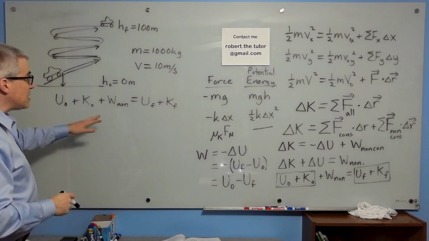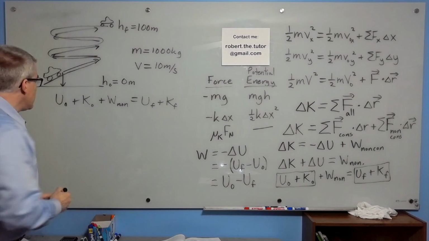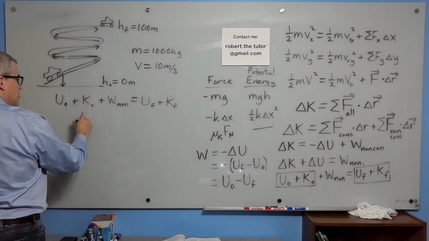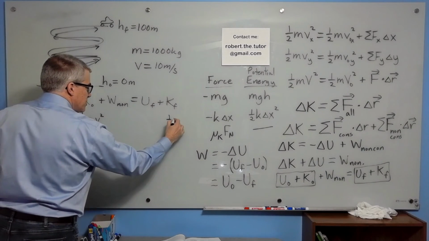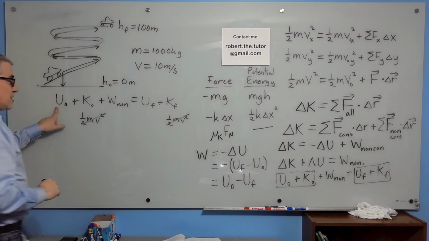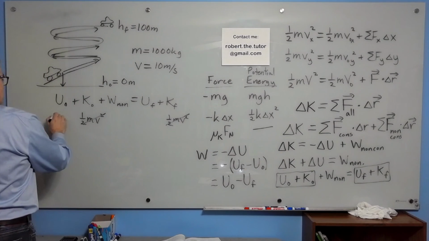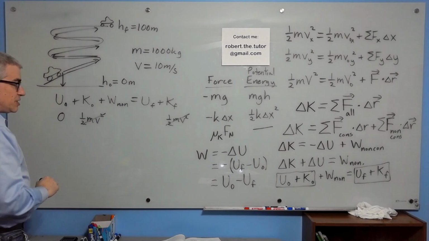If I hit the gas so that the car maintains a speed of 10 meters per second all the way up, then the initial kinetic energy is going to be 1/2 mv squared, and the final kinetic energy is going to be 1/2 mv squared, and they'll actually cancel. The initial potential energy, if I say this is 0 meters, and I can, because we get to choose the origin, the initial potential energy is 0.